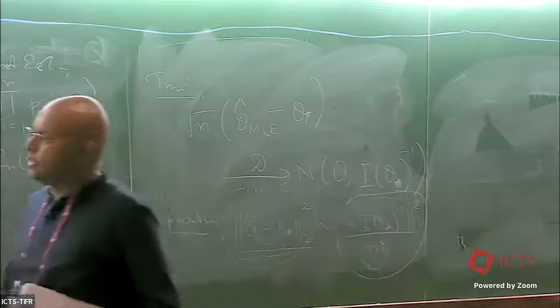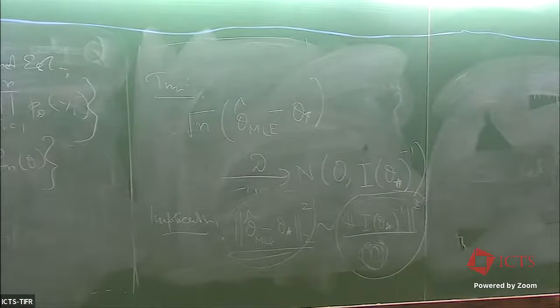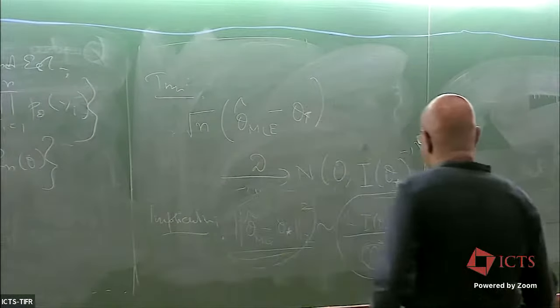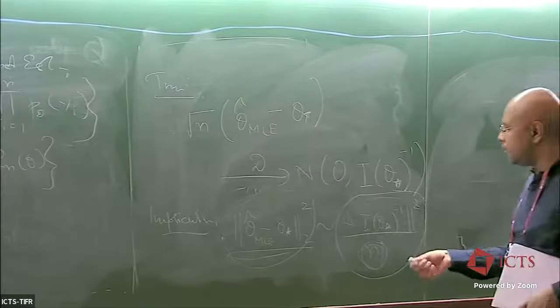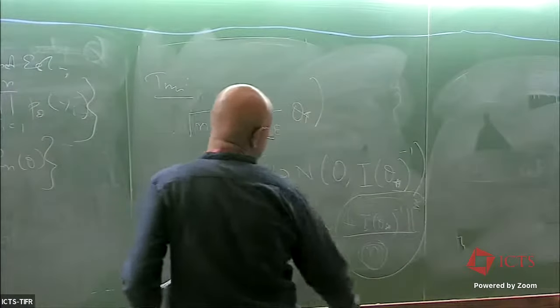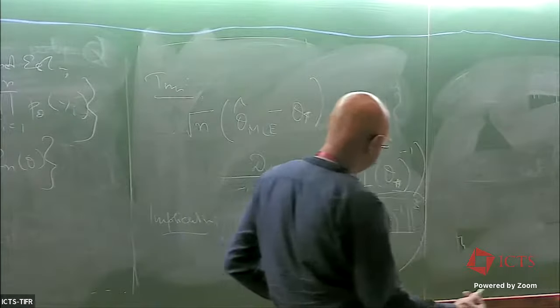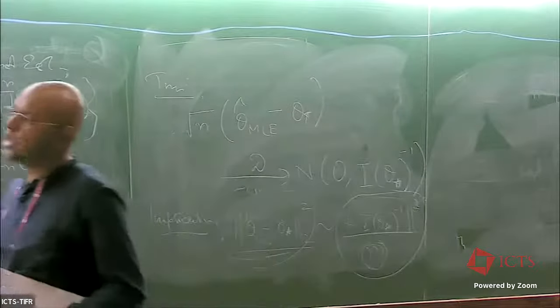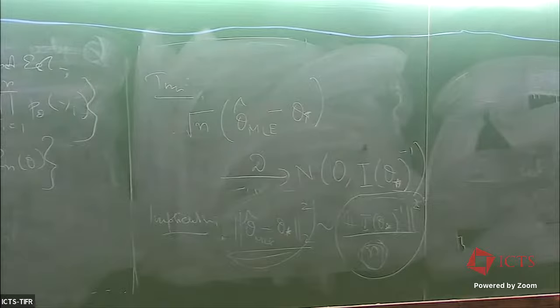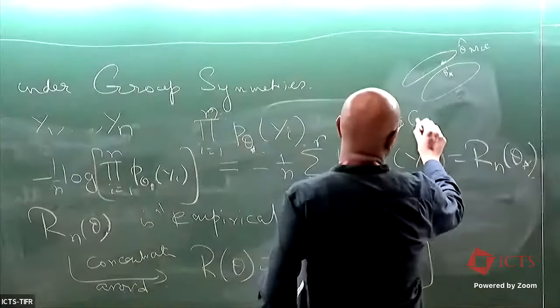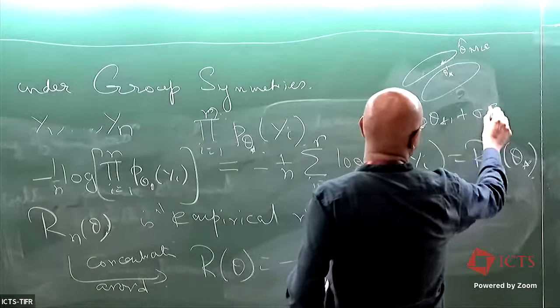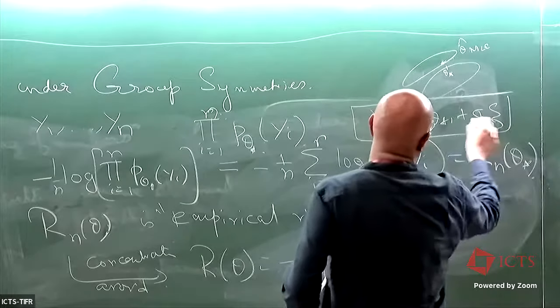So the point is that all this has done is reduce us to the situation of trying to understand this. Remember that the Fisher information matrix or the population risk R theta are intrinsic properties of the model. These are not empirical quantities. So we can just forget the samples and look at the basic stochastic model, y equal to g theta star plus sigma xi, where xi and g are independent.